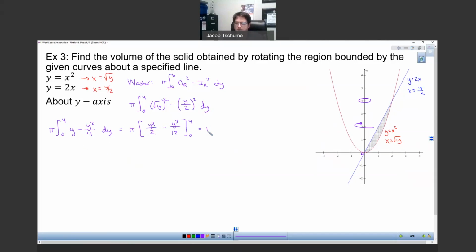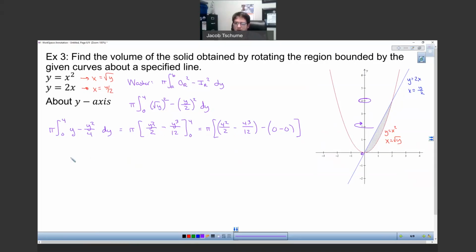If I plug my 4 in, that would be 4 squared over 2 minus 4 cubed over 12, minus, and if you plug 0 in, you just get 0 for both of those terms.